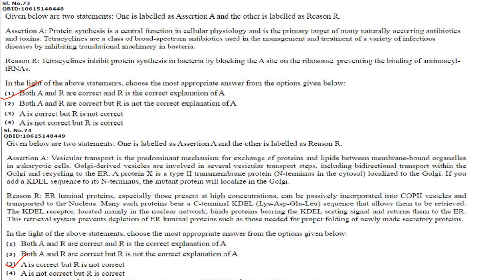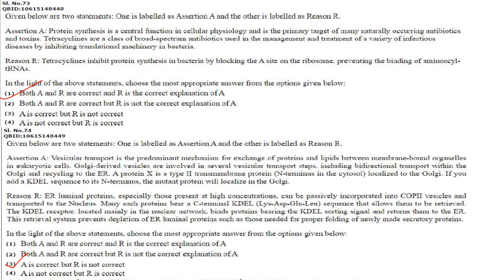Now the reason. Endoplasmic reticulum luminal proteins, especially those present at high concentration, can be passively incorporated into COP2 vesicles and transported to the nucleus. Many such proteins bear a C-terminal KDEL sequence that allows them to be retrieved. The KDEL receptor, located mainly in the nuclear network, binds proteins bearing the KDEL sorting signal and returns them to the endoplasmic reticulum.